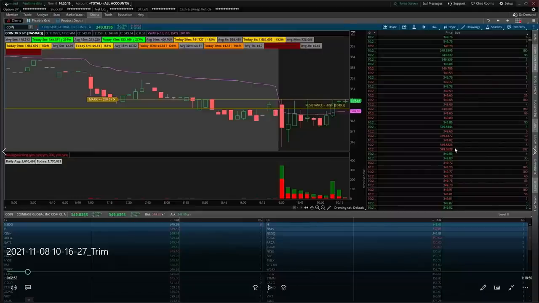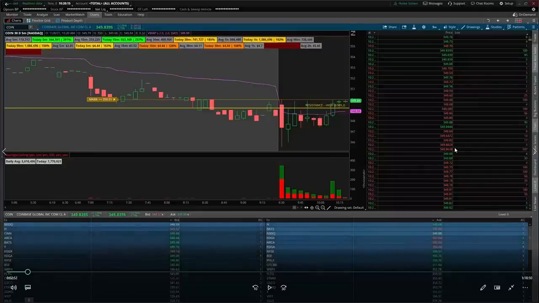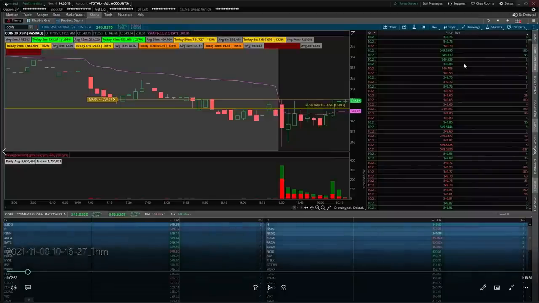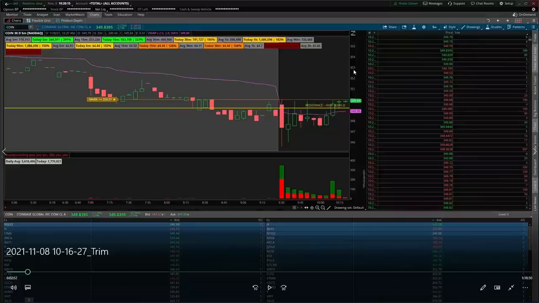I use the time and sales to not only match up the prints with heavy size on the level 2, but also to gauge the speed of the tape. If the tape is very fast, that's going to indicate interest, that's going to indicate participation, and that's going to give us reliability that the breakout most likely is going to work out.